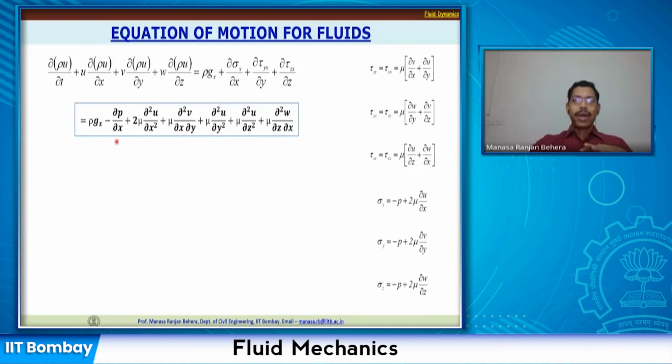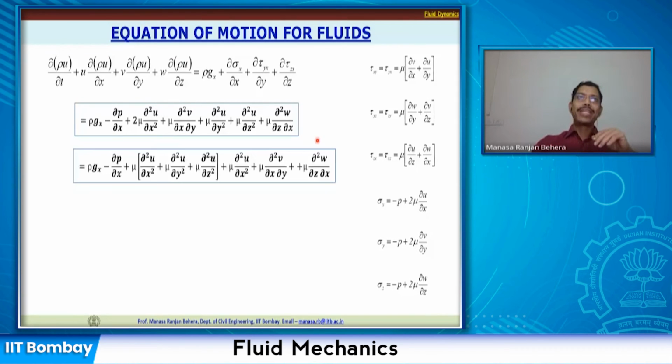All right, now we can take this equation and start solving, but let us see if we can simplify it further. If you rewrite this whole thing again, I can keep this rho gx minus dou p by dou x plus mu times all these terms having dou x square, dou y square, dou z square put together.